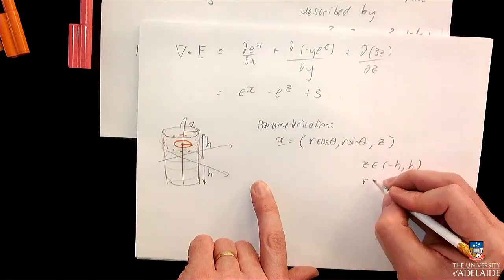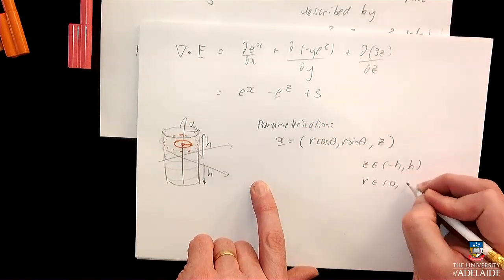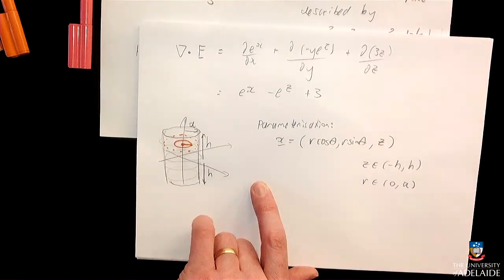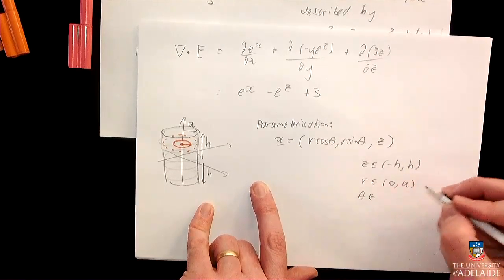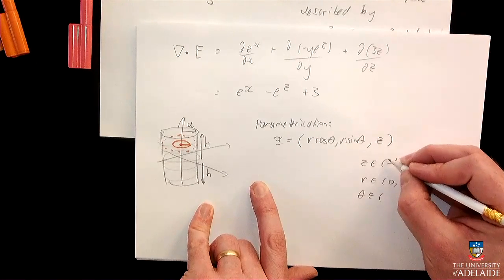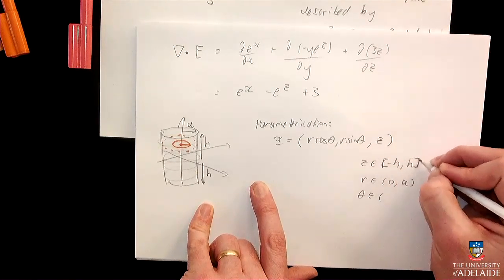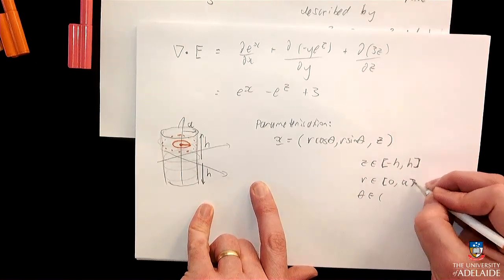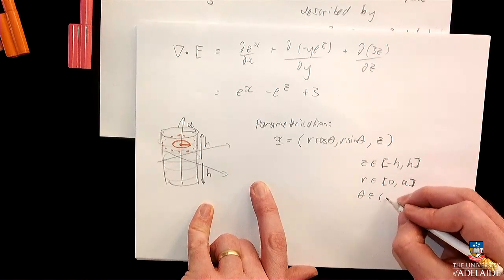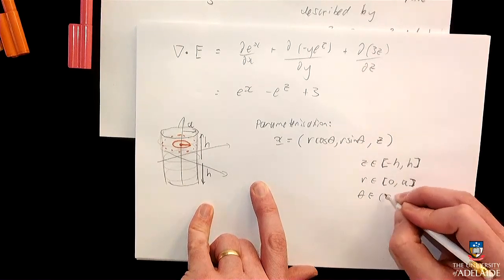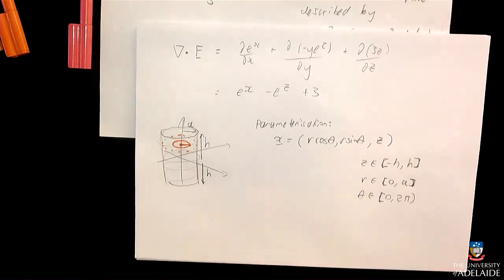And the r goes from 0 to a. And theta goes from 0 to 2 pi, something like that. It doesn't really matter if we have double counting at the edges, because when you do an integral, you're just doing the space on the inside anyway, so it's all right.